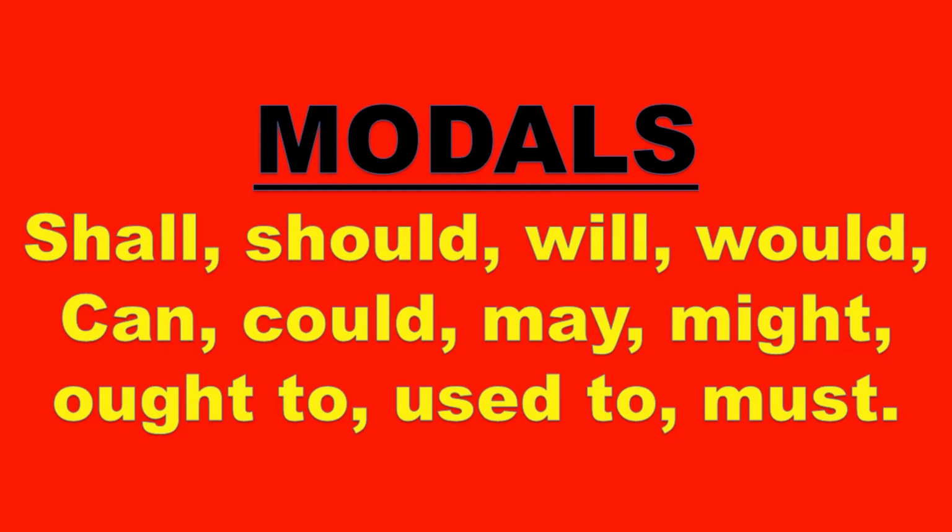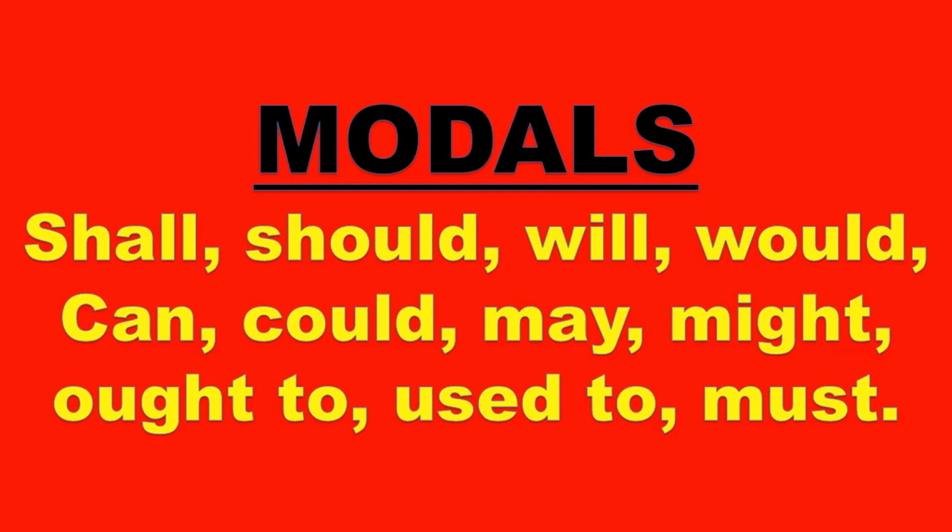Now, students, before we start our discussion, let me tell you once again that we have as many as 24 auxiliary verbs, of which some are primary auxiliaries and some are modals. Now, which are primary auxiliaries? Verbs like am, is, are, was, were, have, has, had, do, does, and did are called primary auxiliaries.